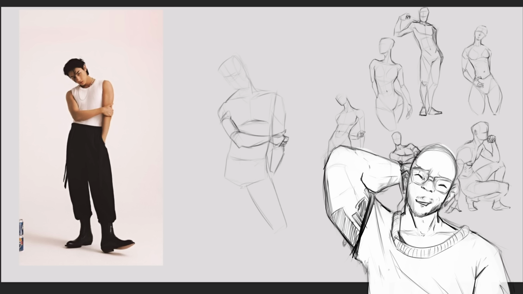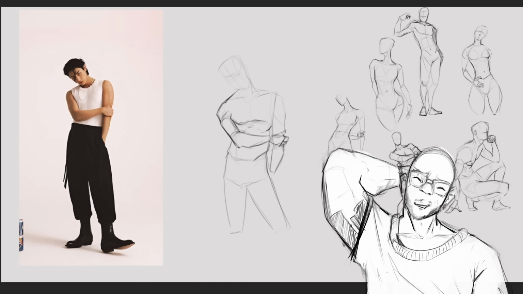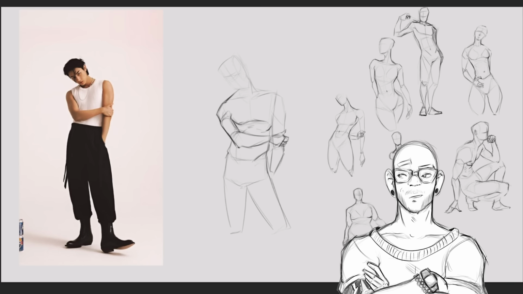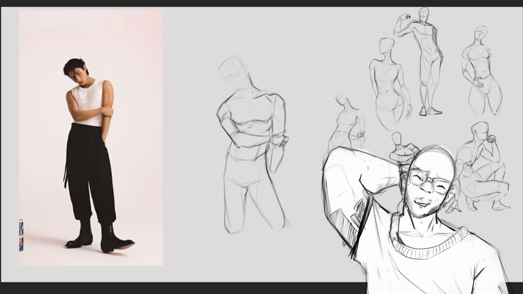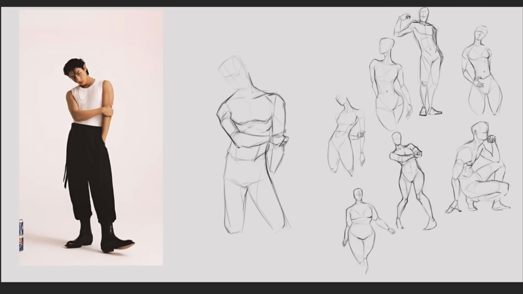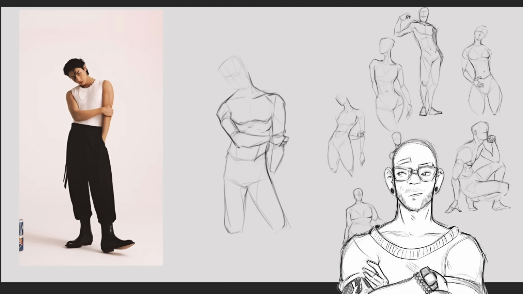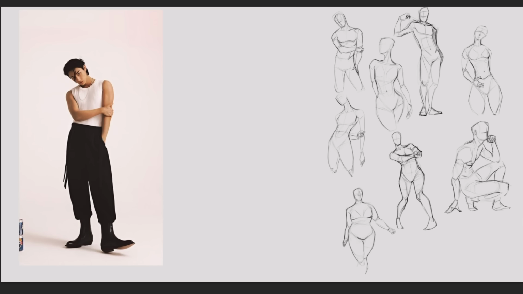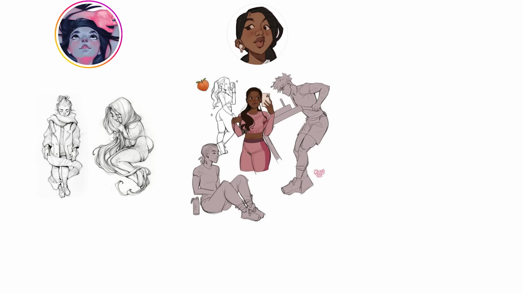One of the hardest things I discovered was once I practiced drawing shapes, I didn't know how to place them in a way that made it feel like a living and breathing person. My figures felt stiff. I would look at other artists' work and think, how does Loish draw her figures? How does Likelihood Art draw her figures?